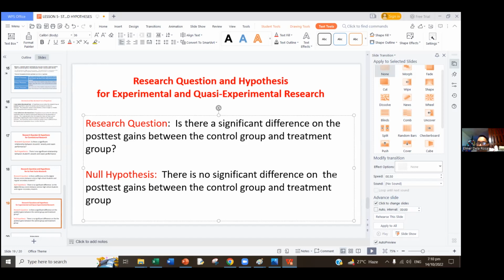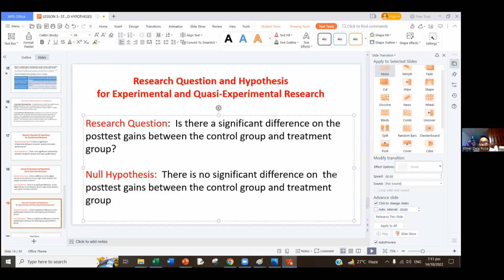Ang null hypothesis natin, there is no difference. Mathematically, control is equal to treatment. Yun yung mathematical counterpart ng there is no difference. So ang ating alternate na non-directional is there is significant difference.